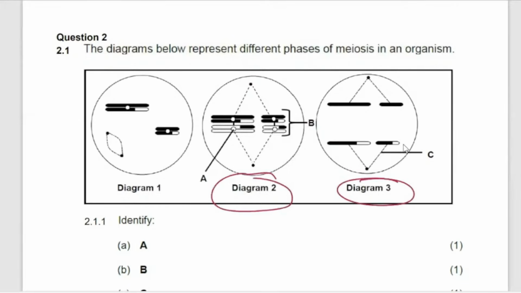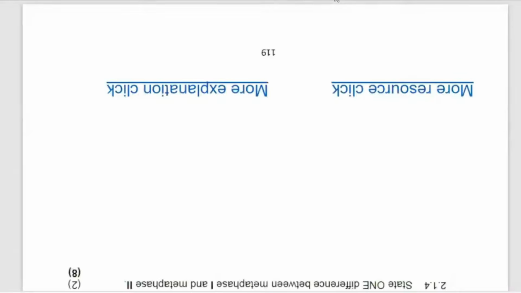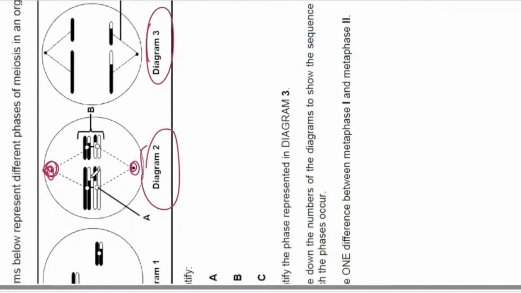Whenever they ask you about the phase, please turn your paper if the centrioles are not on the sides. Turn your paper so that they are east and west.